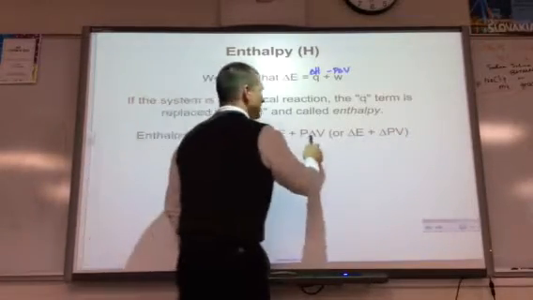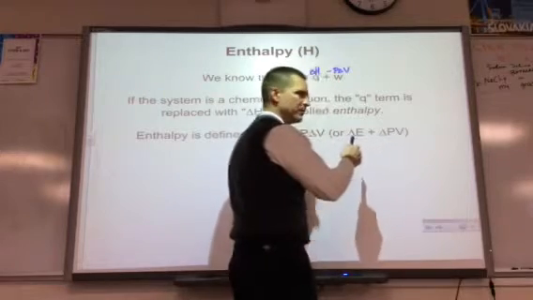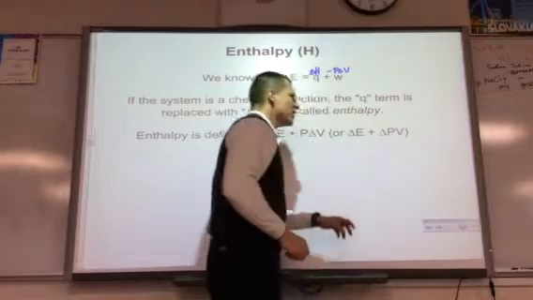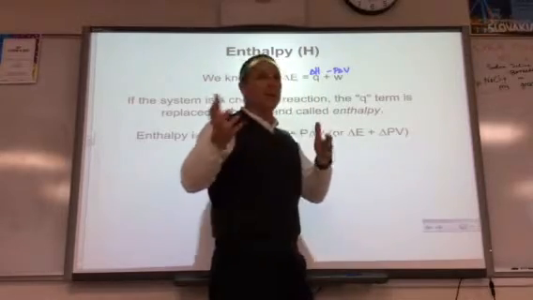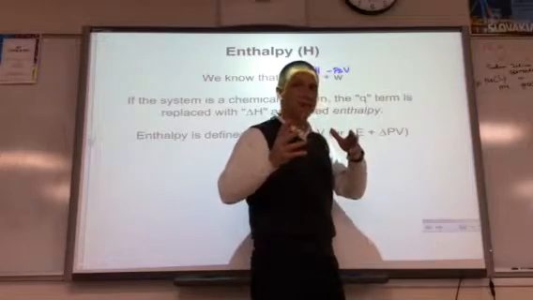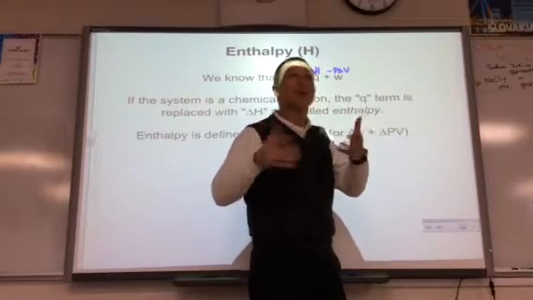Now, P delta V is the same thing as delta PV. And the reason I moved that delta term is we know very well what PV is equal to from the last chapter. PV equals what? nRT, right.